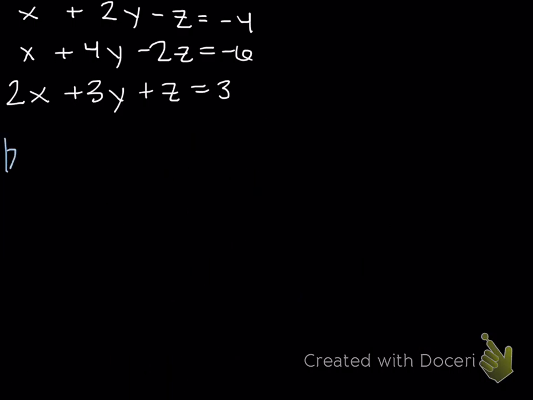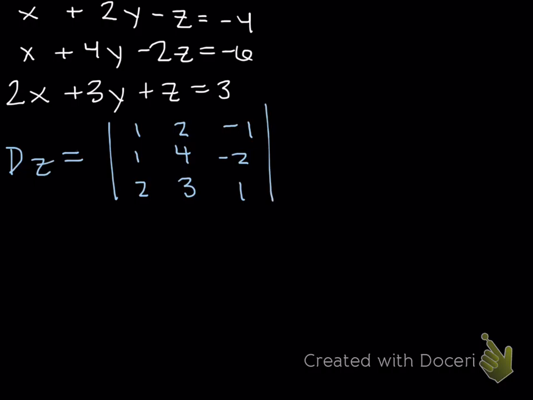By this point we should be pros at this. So my dz. I keep the first two spots. So I have 1, 1, 2, 2, 4, 3, and the last one's -1, -2, 1. So here we go. I keep the sign, and my 2 by 2 is 4, -2, 3, 1.